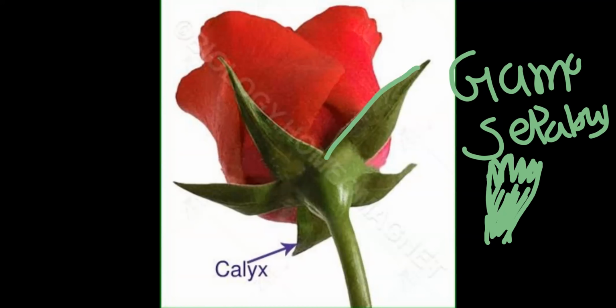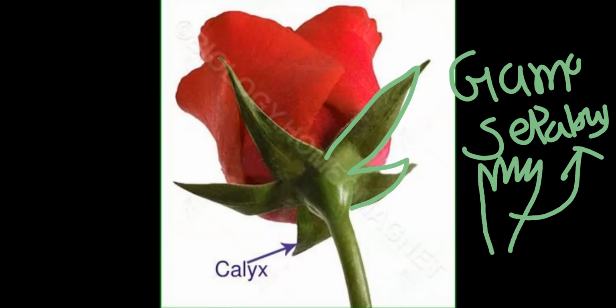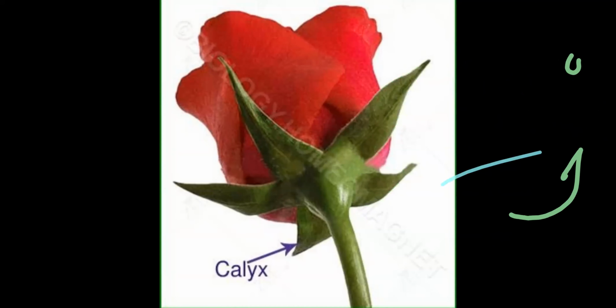Here individual sepals we can observe. In this one, the lower part of each sepal is fused with each other, just the margin part is remaining free. So this type of condition we call gamosepalous. In gamosepalous, sepals are fused, united. In polysepalous, sepals are free from each other. बोलिए clear है?